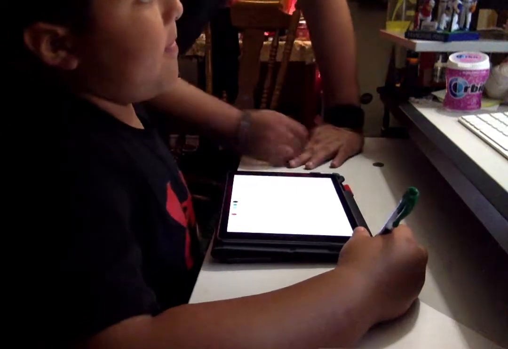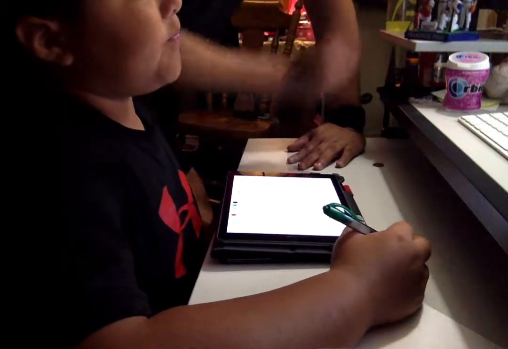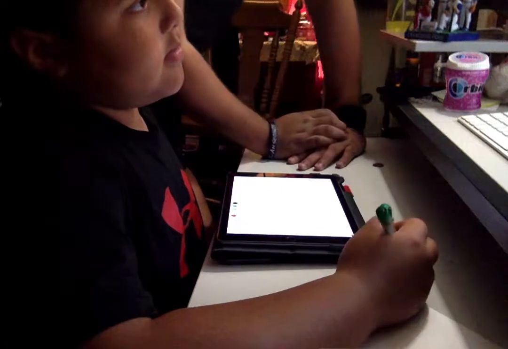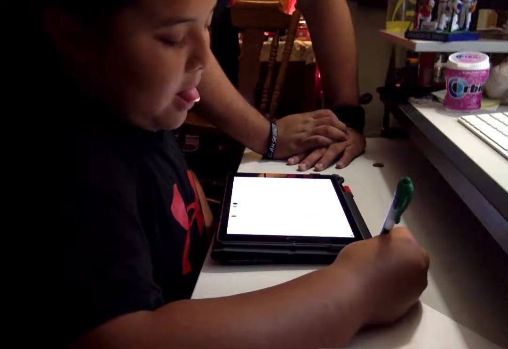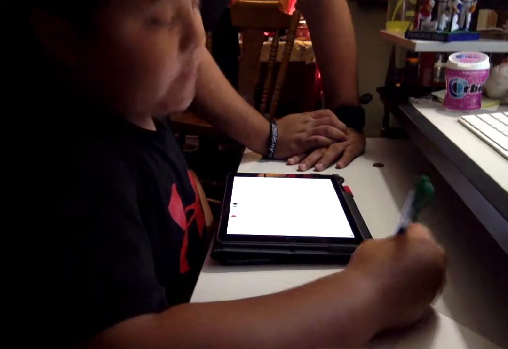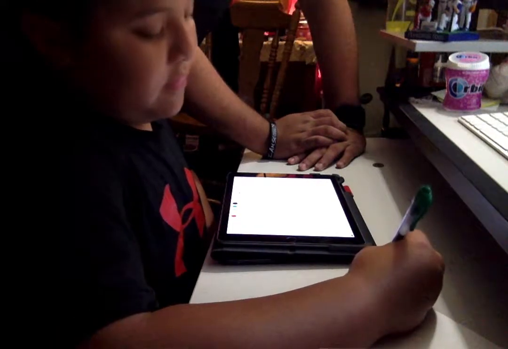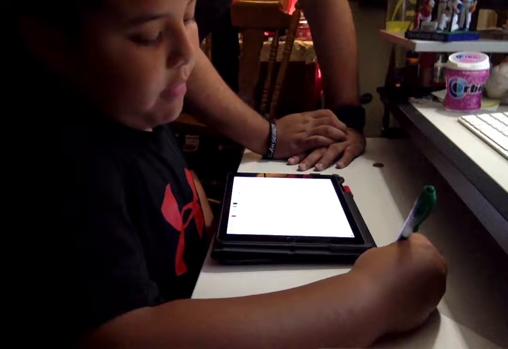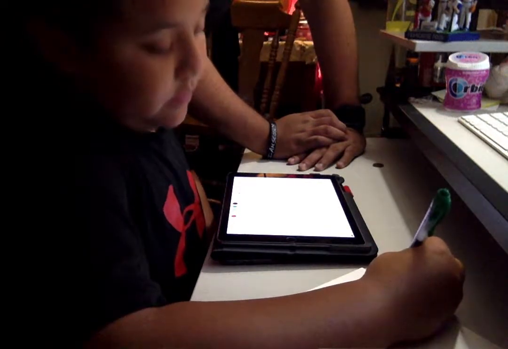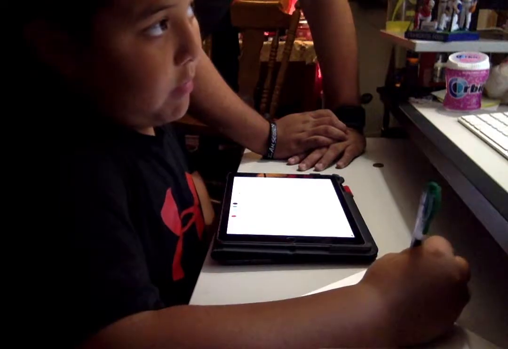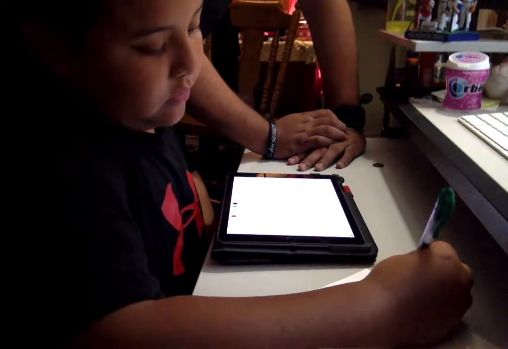So let's start with this problem right here. Write down 6 plus, in the parentheses, 5 times 5. Close parentheses. Minus 10.